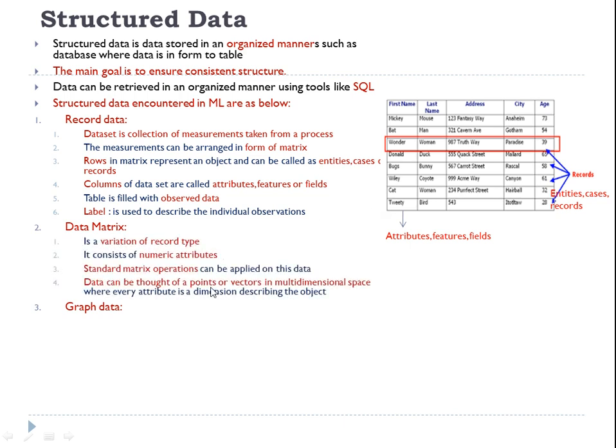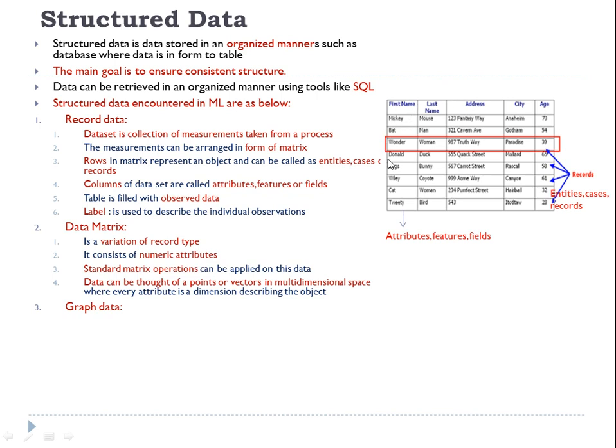Now the second type of structured data which we normally encounter in machine learning is the data matrix. This is very similar to record data in the sense that I'm going to have a table like this where I will have columns and rows. But the main difference here is that a data matrix mainly consists of numeric attributes.